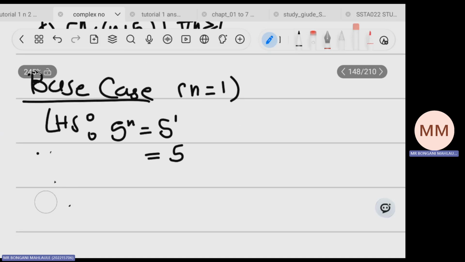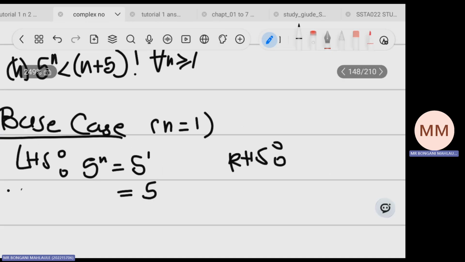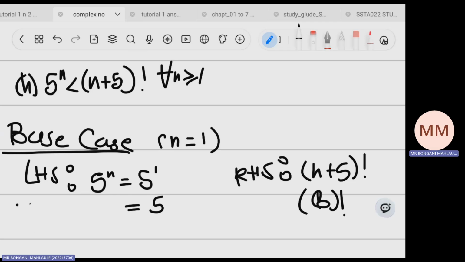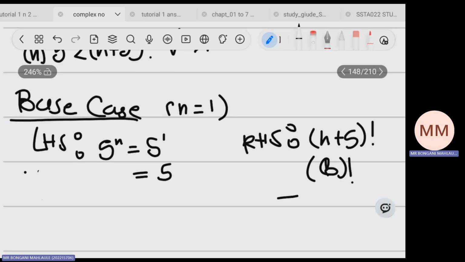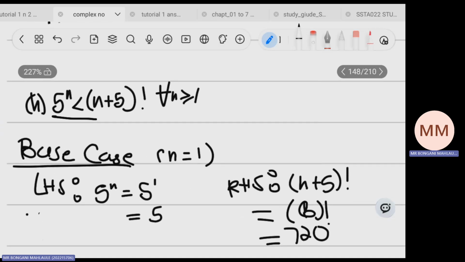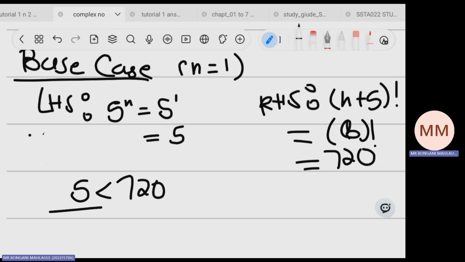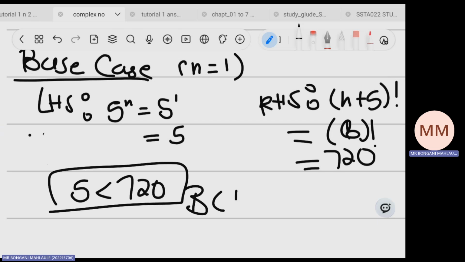Then we can also check the right hand side. It will be given by n plus 5 factorial, which will be 6 factorial. This is 720. And 720 is indeed greater than that. So this is true. 5 is less, 720 is greater than 5. So the base case holds.